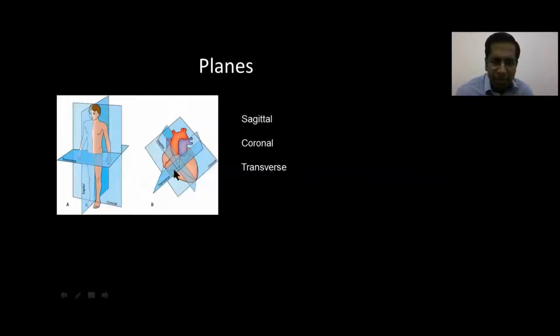The same can be extended to the heart also. The heart, however, doesn't lie in the same position as the individual. The heart's lie is different. So even if you were to extend the same concept to the heart, you would have a sagittal plane, a transverse plane, and a coronal plane.